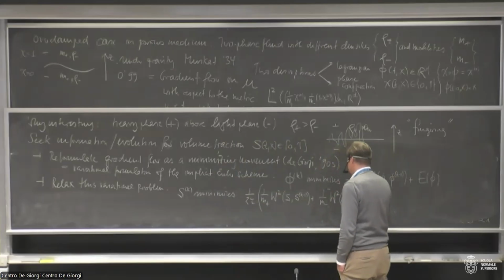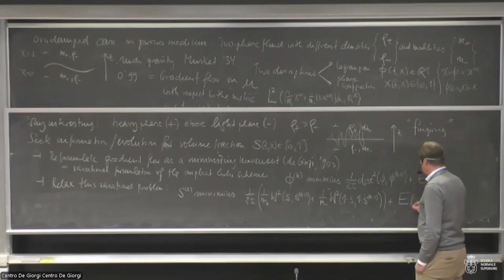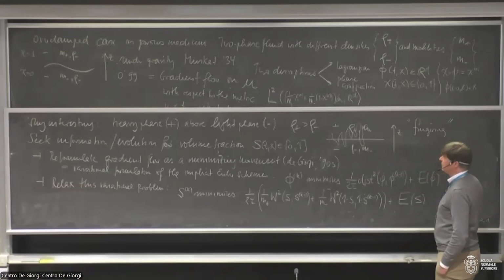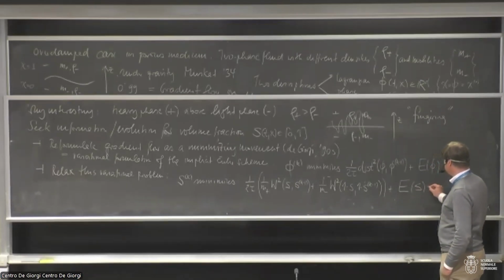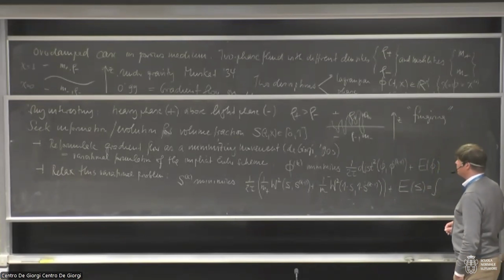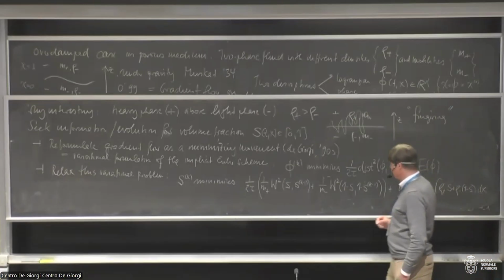Plus still the potential energy with respect to gravity, which in terms of S is of course now easier to formulate: the integral of rho plus times S plus rho minus times 1 minus S dx.